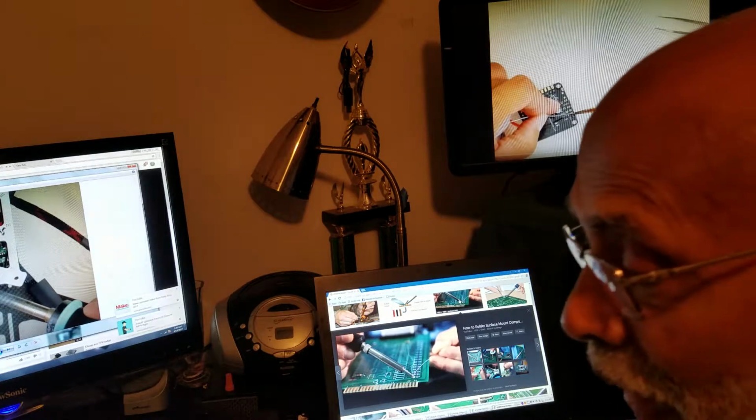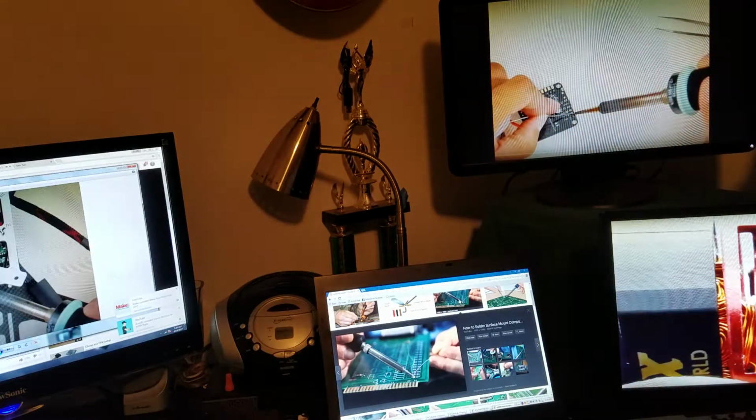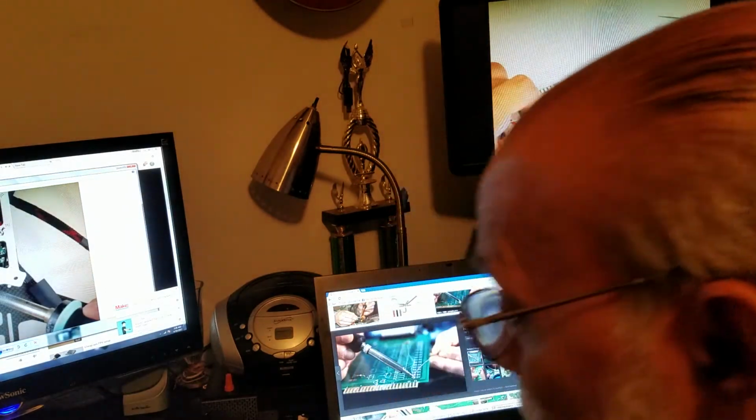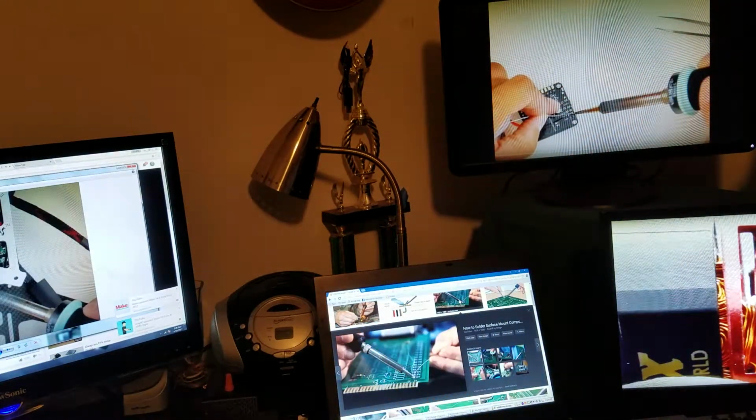But I'm going to bring out a few points and guide you on the soldering. Before we start soldering, let's say you take the gun, you have to clean it very well with a sponge, which is very important.